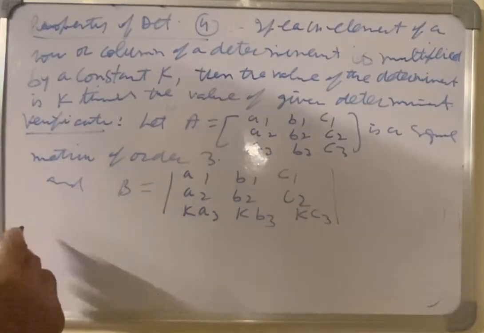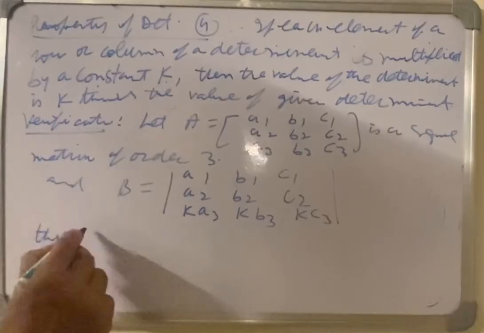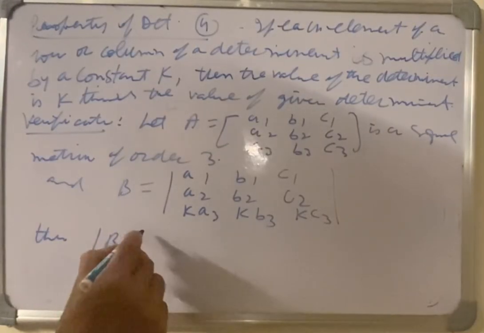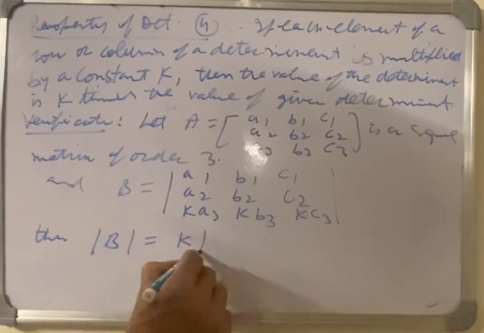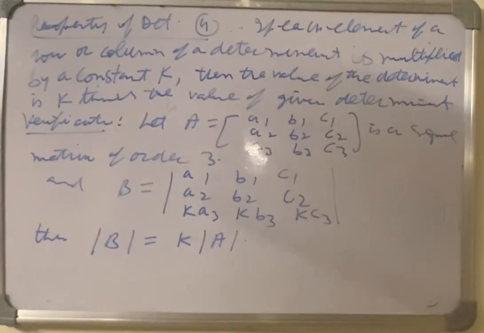Then determinant B will be K times determinant of A.